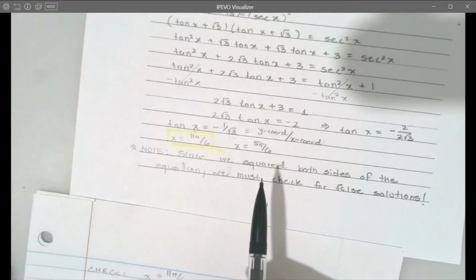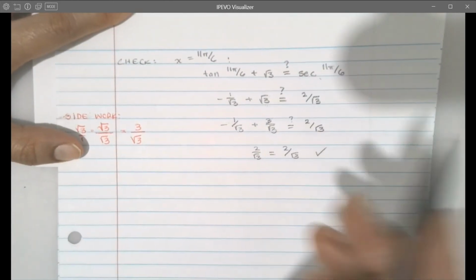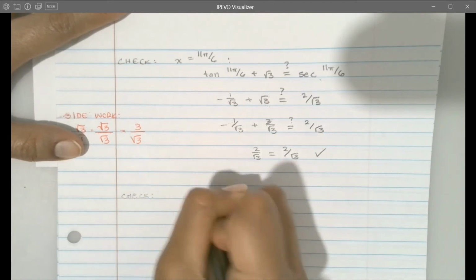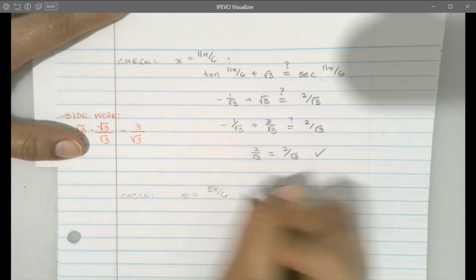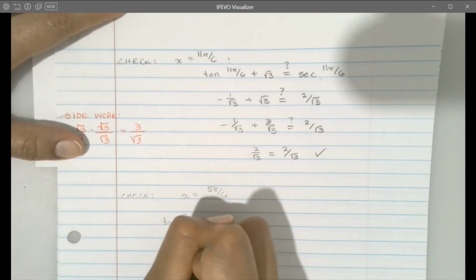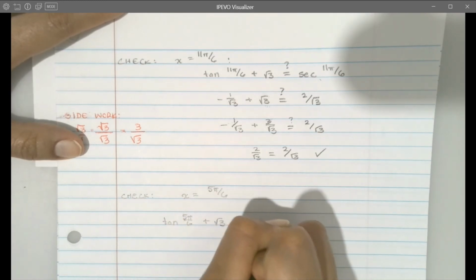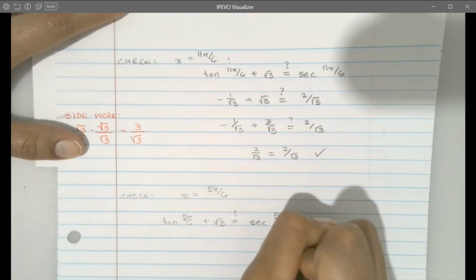Next, we need to check the 5 pi over 6. Okay, so tangent of 5 pi over 6 plus radical 3, is it true that that is going to equal secant of 5 pi over 6?